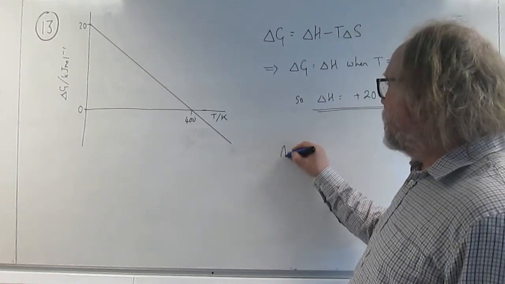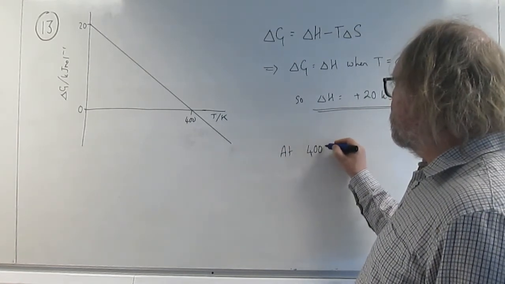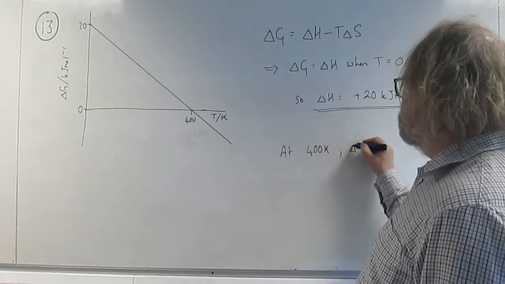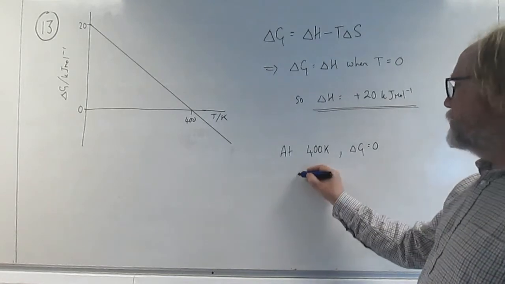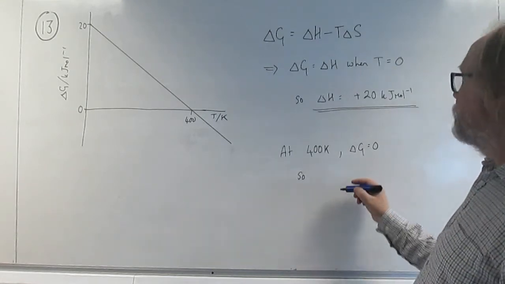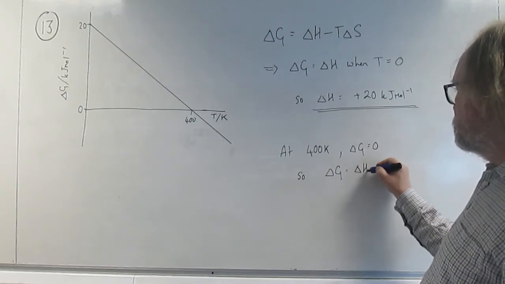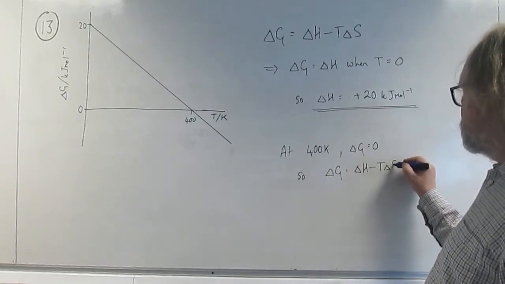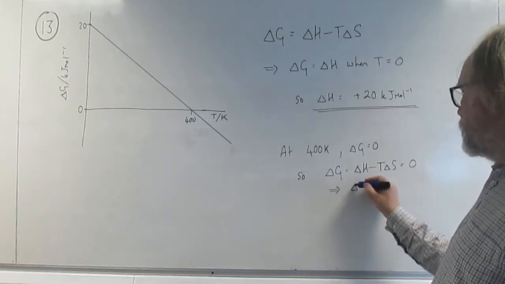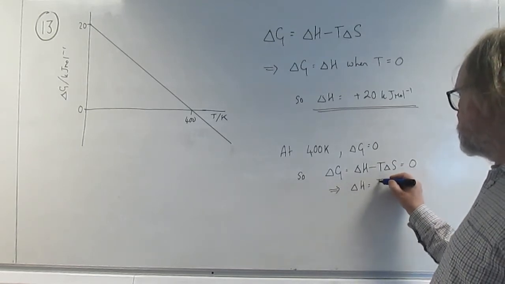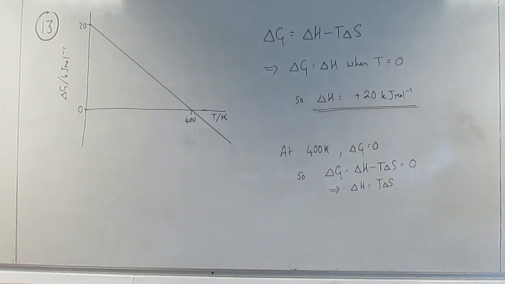So we can say at 400 Kelvin delta G is equal to 0. That's what the graph tells us. So delta G is equal to delta H minus T delta S is equal to 0, which means that delta H must equal T delta S, so that when you subtract the two you get nothing.